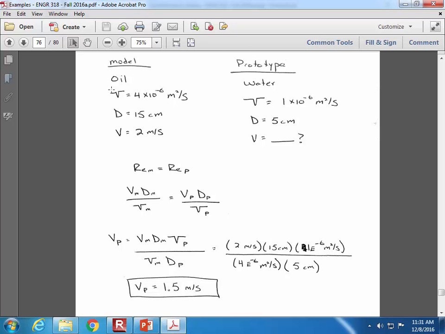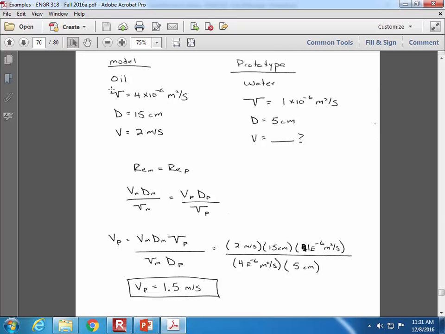So here we have all of the parameters for each one. Set the two Reynolds numbers equal to each other, and it tells us that the flow with the water in the smaller 5-centimeter pipe should have a velocity of 1.5 meters per second in order to get similitude.